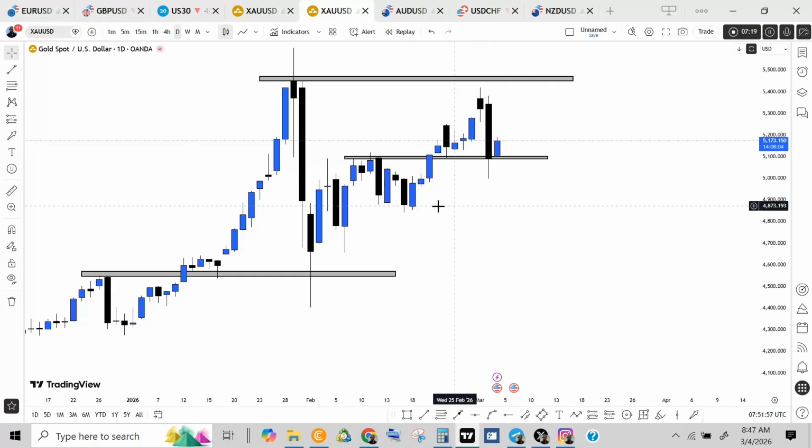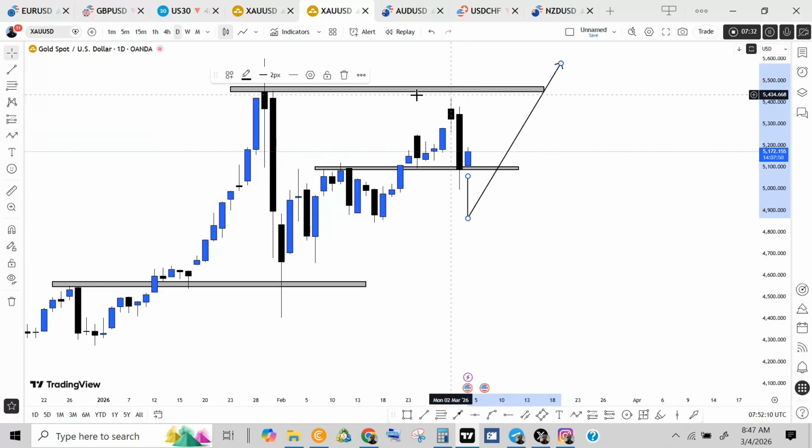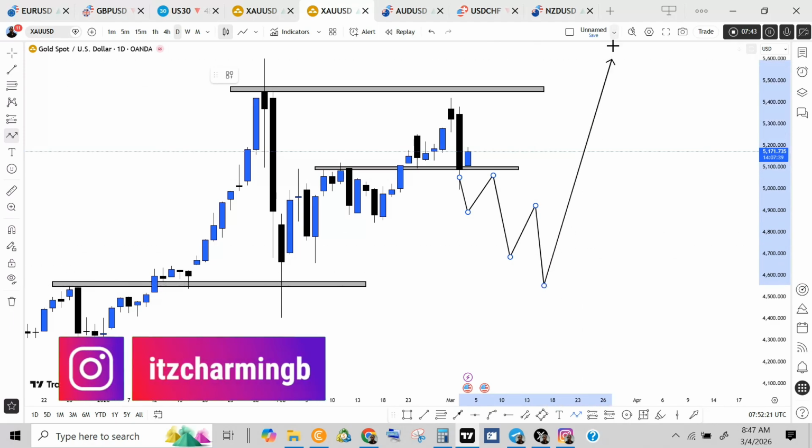Because the market can decide to come here and make a double bottom or even come to this point before shooting up again. Price might do something like this to this point and shoot up. Second scenario, price can decide to come all the way down, testing this level here, come back here, this level here, then come back here before deciding to go up.